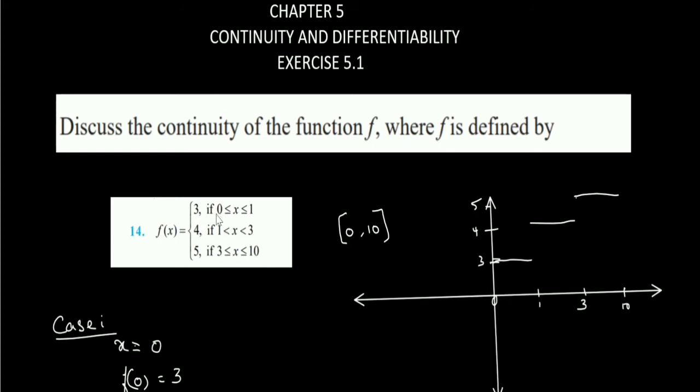Left of 0 the function doesn't exist, so we find the value of the function at 0 and the right limit at 0. You need not find the left limit. Then we check whether the right limit is equal to the value of the function at 0.